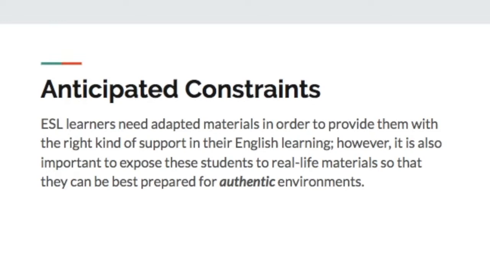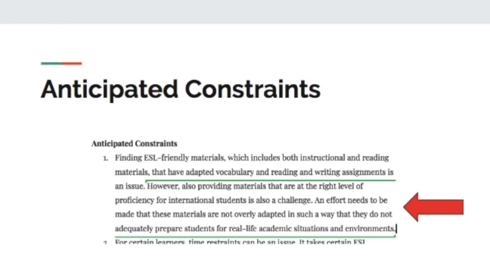So a delicate balance has to be made in order for students to get the kind of authentic materials that they're able to access, but they can't be edited in such a way that they're not authentic. So that's what instructors will have to focus on in this summary writing project. And that specific part was added in anticipated constraints.